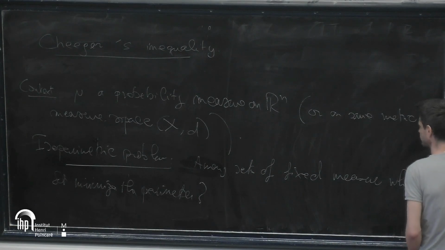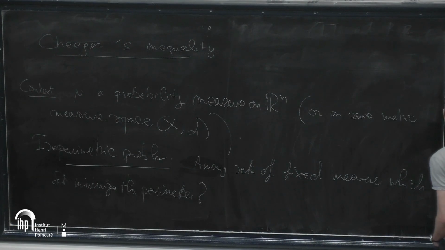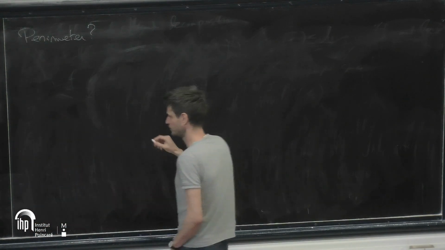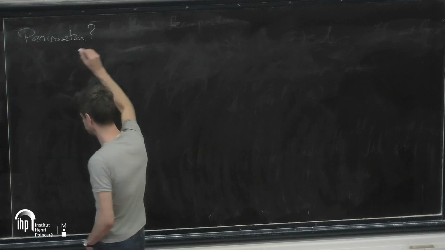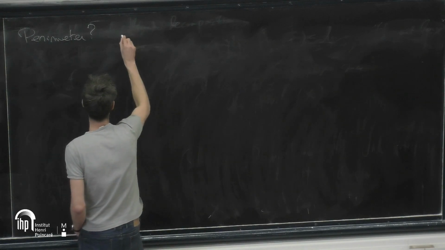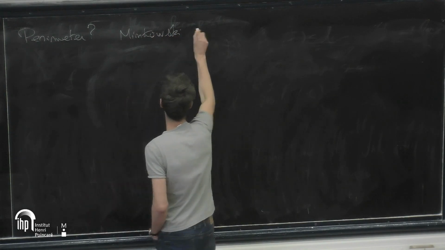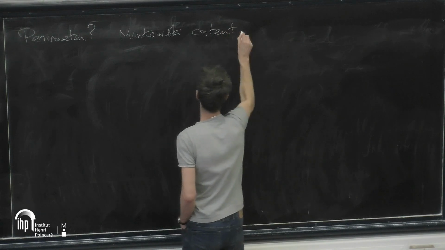Okay, so we have to agree on what is the perimeter. So there are several possible notions of perimeter. So for the purpose of this talk, I will only consider what's called sometimes the Minkowski content.